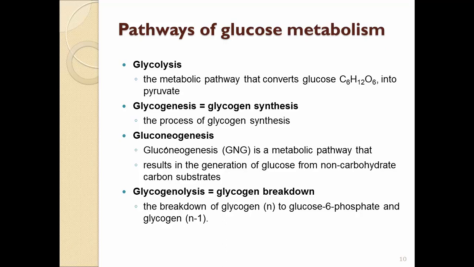But if it happens in the muscle, glycogen breakdown usually does not release glucose into circulation, but instead utilizes glucose for energy within the muscle. Right? We're going to explain the reason why muscle is not able to release glucose and liver is able to release glucose from the glycogen breakdown process. Right?